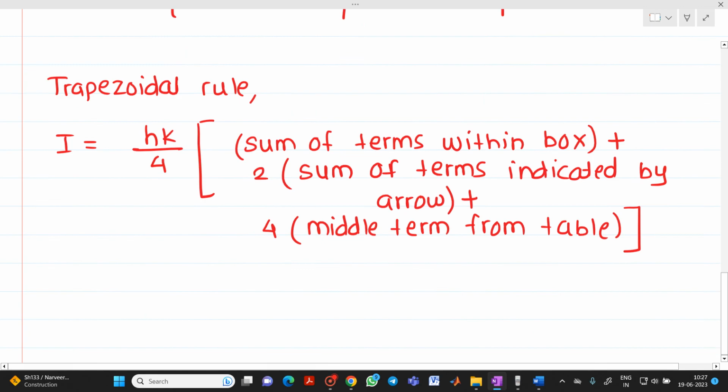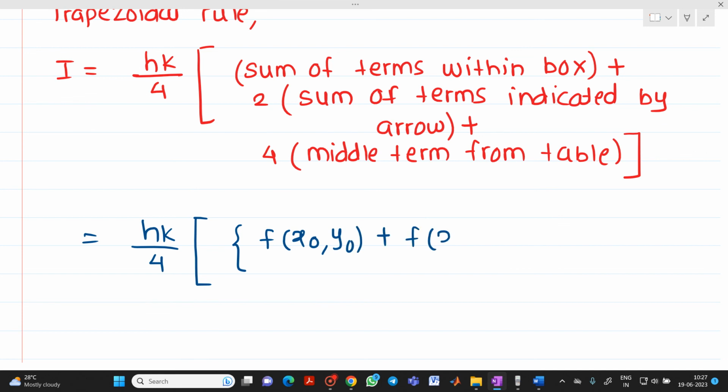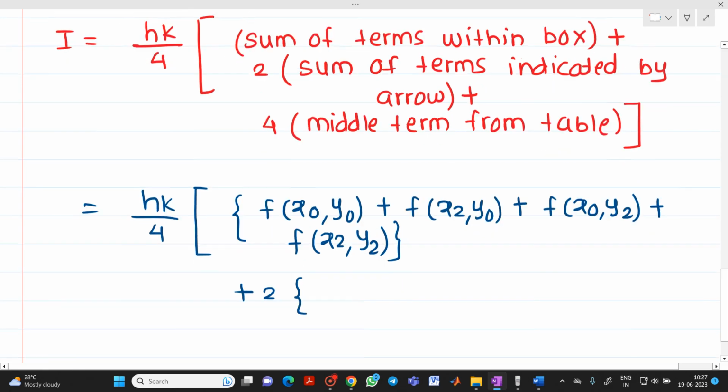So in other words, if you see the table, I can write this formula as hk by 4 into bracket sum of the terms within box, means it will be f of x0 comma y0 plus f of x2 comma y0 plus f of x0 comma y2 plus f of x2 comma y2, plus 2 into sum of the terms indicated by arrow.